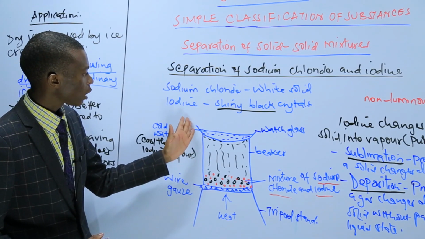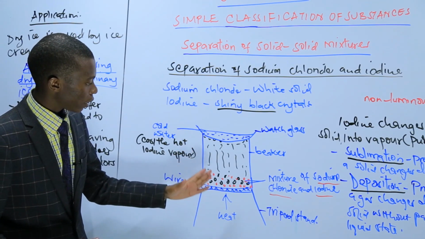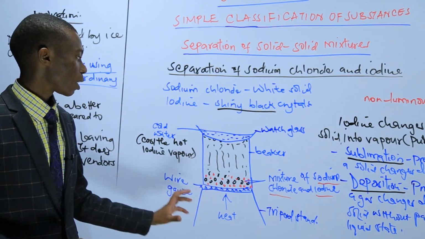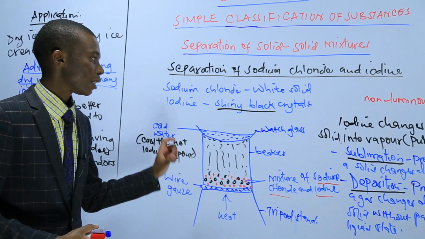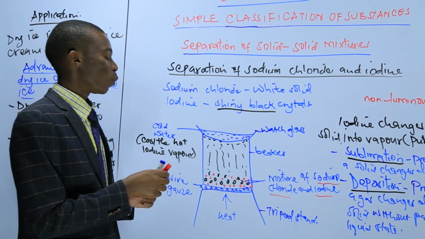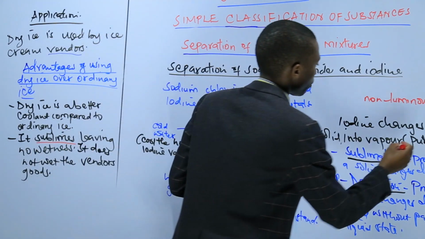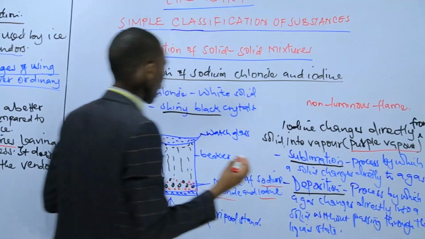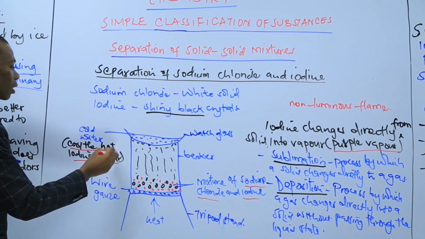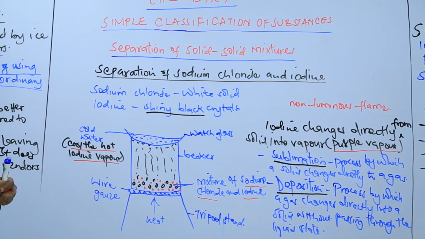When you put this white-gray solid in a beaker like this and you are heating it, with a watch glass with cold water over it, then the iodine is going to change from a solid to a gas directly. I've told you that the color of this gas is purple. It is just purple vapor. And the function of the cold water is to cool the hot iodine vapor.